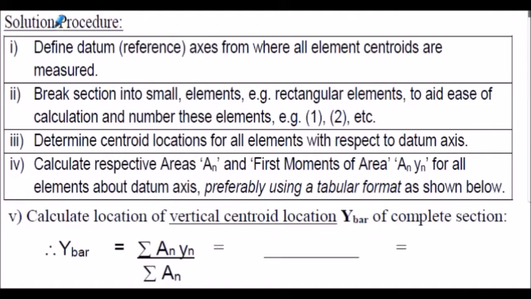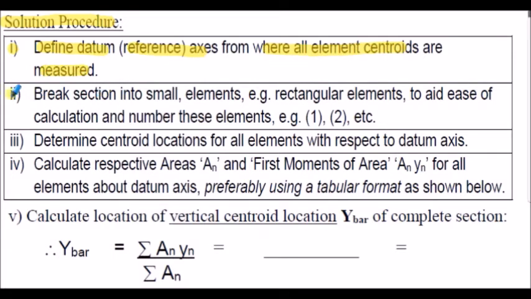Here's a generic solution procedure for finding the centroids. First step, we need to define the datum or the reference axis. Sometimes we're told in the question which to use, and sometimes we have to decide ourselves. And that's from where all the elements' centroids will be measured.